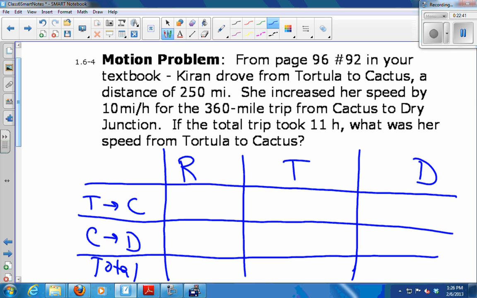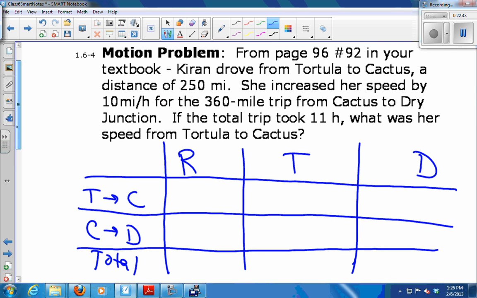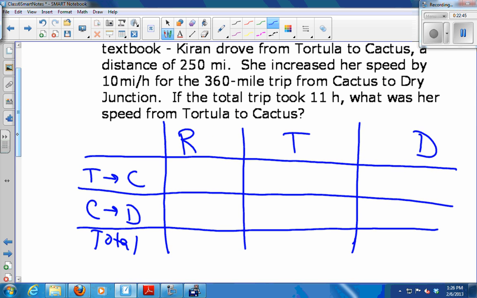So we organize our work into a table. What is the question in this problem? Okay, so her speed from Tortula to Cactus will be our variable. So we'll let that be X. Put Tortula to Cactus, her rate was X. We don't know. So once we finish solving, X equals, that will answer the question.